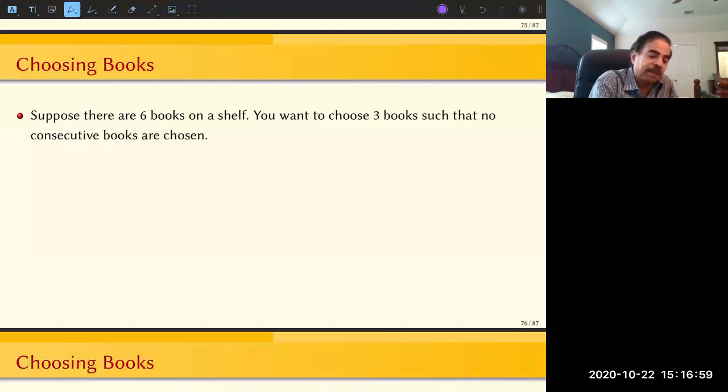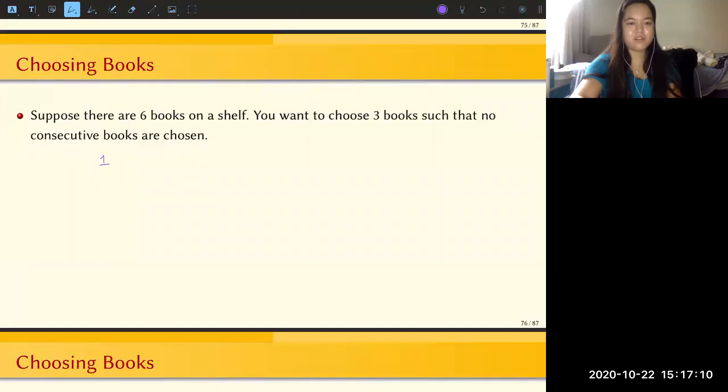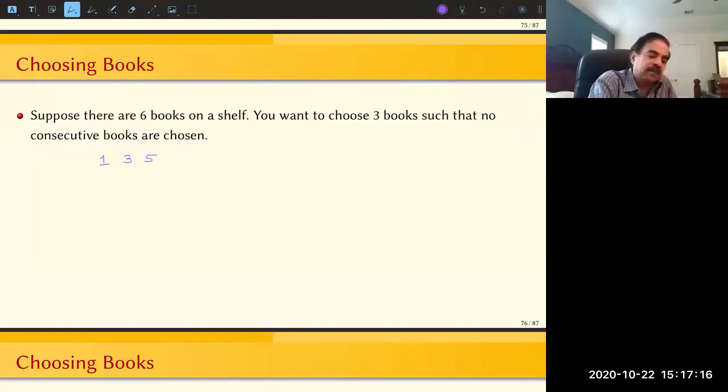So let's say we pick the first book, right? Kaylee, you want to go ahead? I think you can just choose every other book. So if you choose the first book, then you choose the third, and then the fifth. 1, 3, 5, right? And then we can do 1, 3, 6. Then you can also do 1, 4, 6, right? And that's it, right?